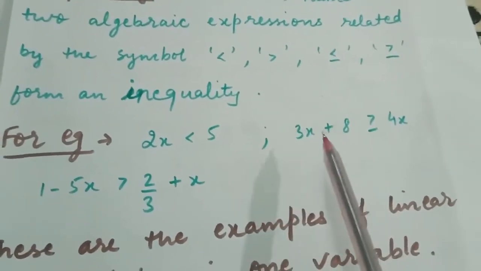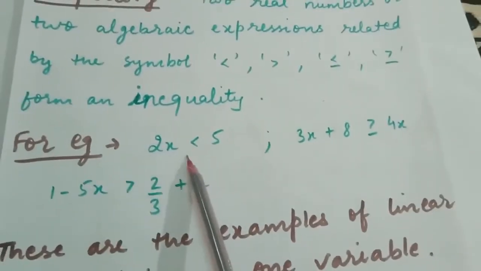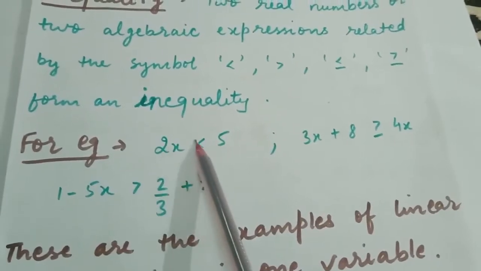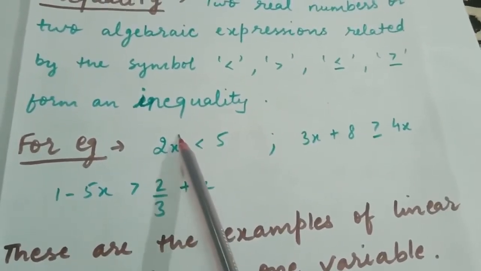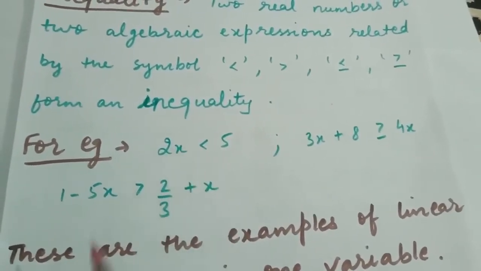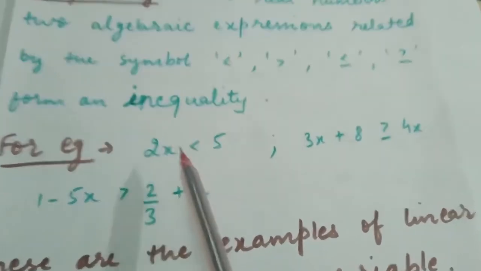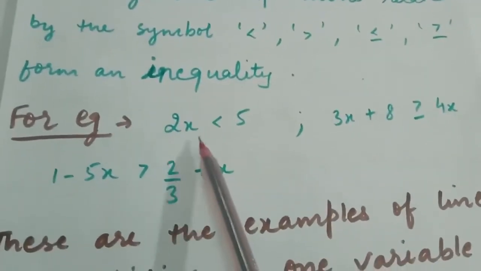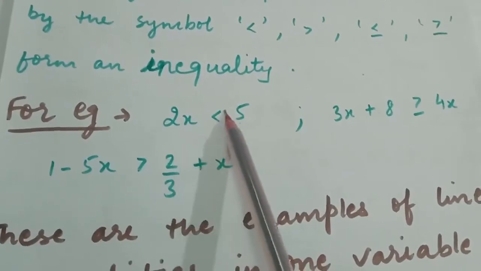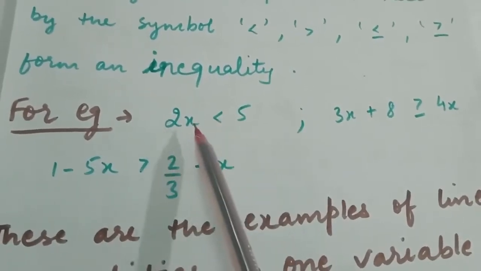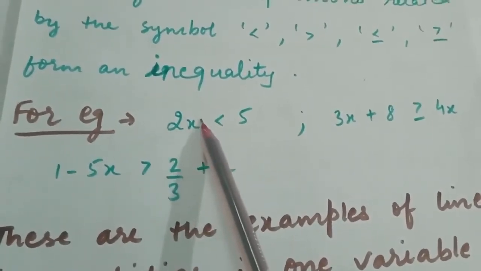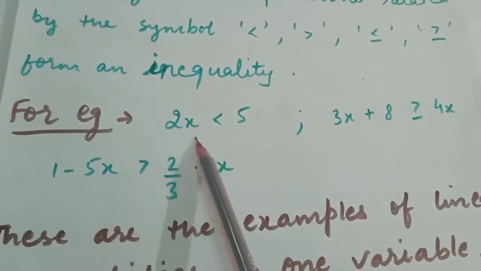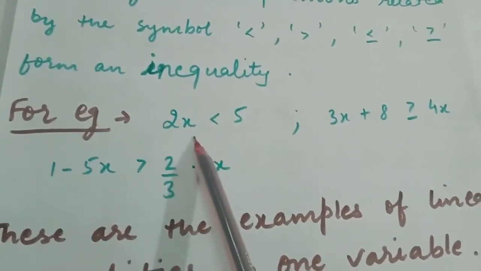Also you have to see that in this inequality there is only one variable x and its degree, or you can say power, is 1. So it is basically a linear inequation in one variable. This is linear because the variable's degree is 1, and why one variable? Because it has only one variable x.